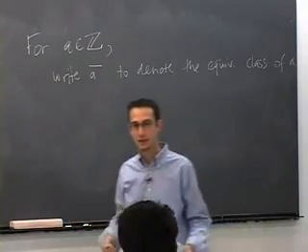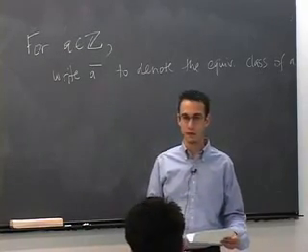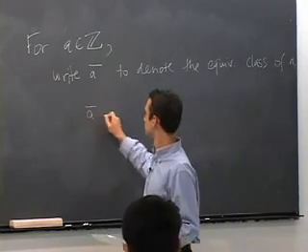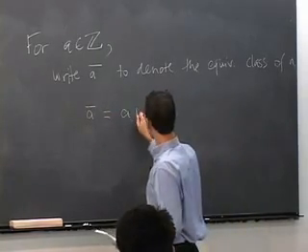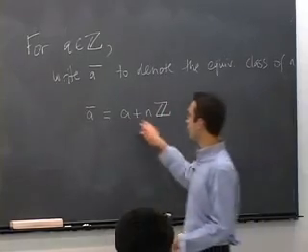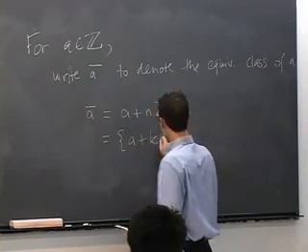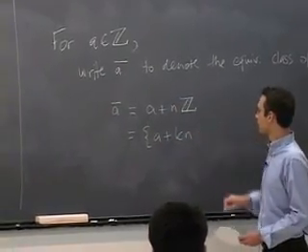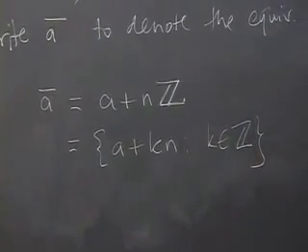Go ahead. Yes, it's a set of all numbers called nZ, where Z, plus a. Exactly. A bar looks like a plus nZ, or, as you put it, all things of the form a plus kn as k ranges over Z. These are the same thing.